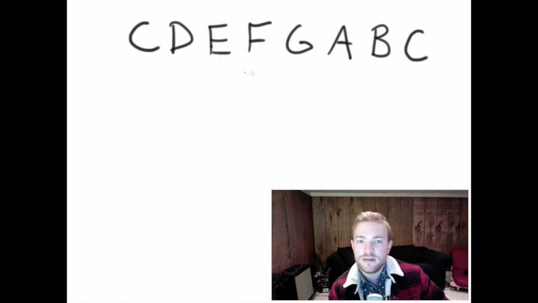Okay? Because the conventions for naming intervals developed when the C major scale was pretty much the only game in town, or it was the most important scale for sure, the names or the descriptors that we give for the quality of intervals are based on the C major scale. So I'm going to make a little chart down here.